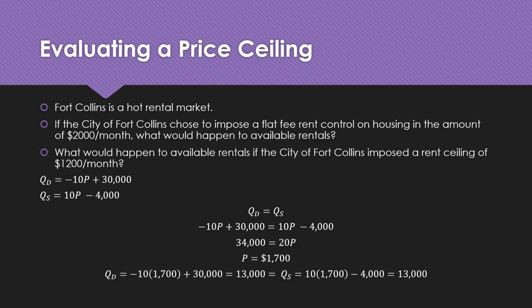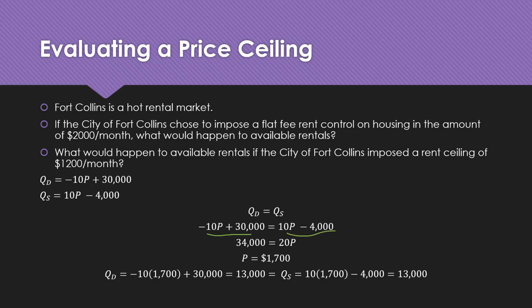So, in order for us to analyze that, we need to figure out equilibrium in this context. So, I've given you two equations. In order to find the market equilibrium price and quantity, you need to set those two equations equal to each other. So we have 10p plus 30,000 equal to 10p minus 4,000.